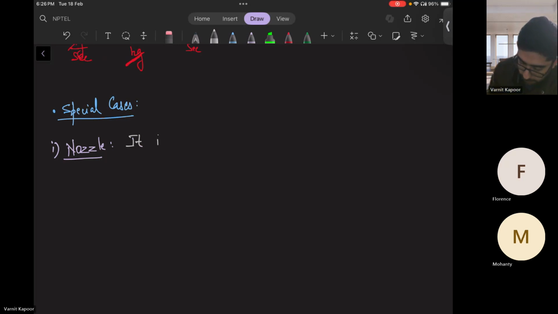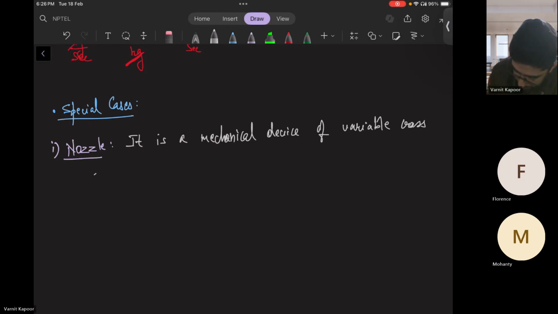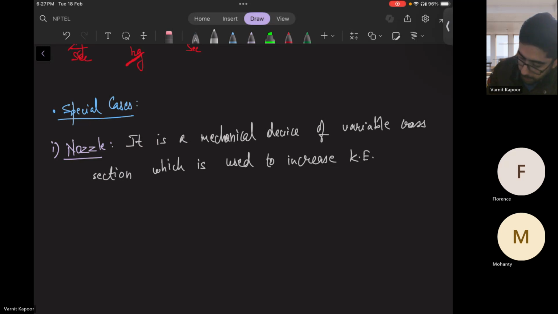So it is a mechanical device of variable cross section which is used to increase kinetic energy at the expense of pressure energy.